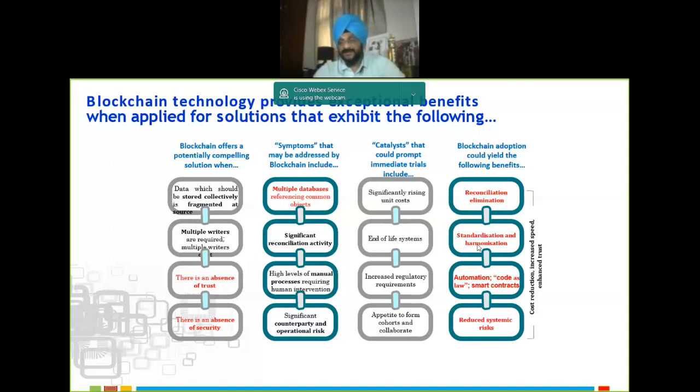You have standardization and harmonization problems. You have the automation, code as law, that's the smart contracts which are required. And you have reduced systemic risk. So these are the places where you can use blockchain very effectively, and it will give you a lot of advantages. Other places also you can use the blockchain, and it gives you fantastic applications.